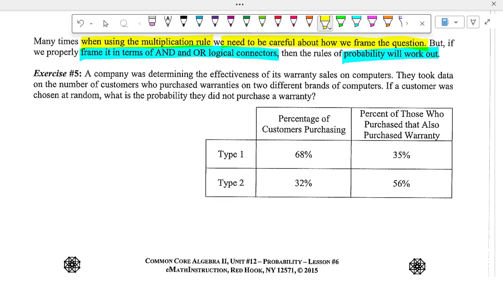So a company is determining the effectiveness of its warranty sales on computers. They took data on the number of customers who purchased warranties on 2 different brands. If a customer was chosen at random, what is the probability they did not purchase a warranty? So the probability that they did not purchase a warranty. So let's look at those tables.